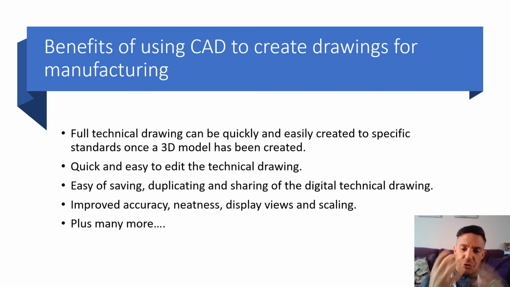So once you get to that part where your model's virtually done, your design is fixed in, and you're creating this model in CAD, the real big benefit is that you can take those models that you've created, and once you've tested them and made sure they work, it's a very quick process to put it into a two-dimensional drawing that you can use in a manufacturing process.